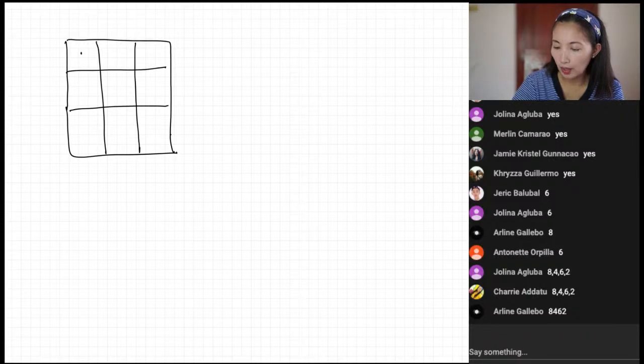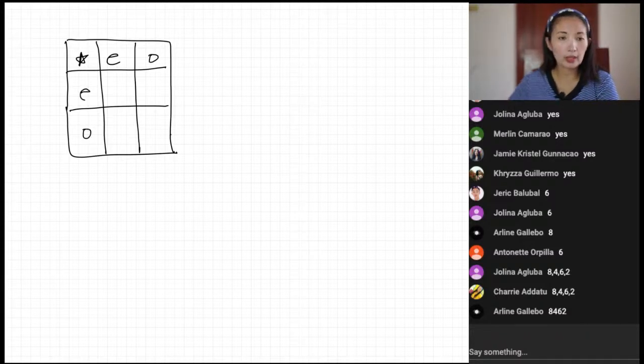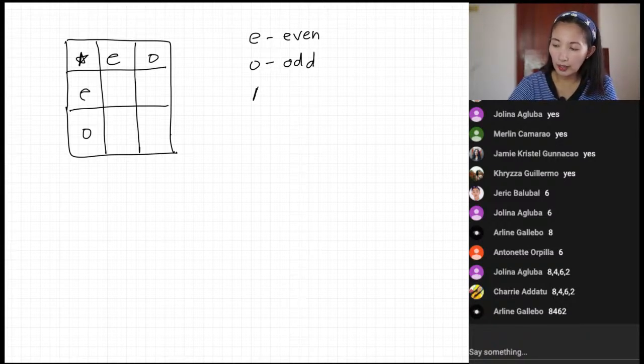The operation is star and the elements of the set are E and O. E here stands for even, and O here stands for odd. And star here is the operation multiplication.